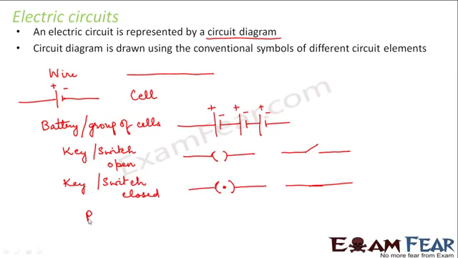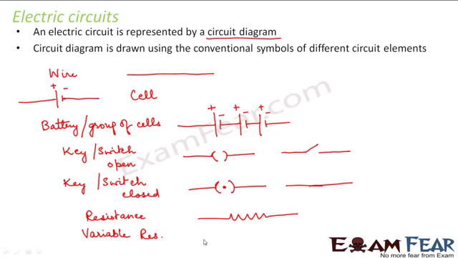How do I represent resistance? Resistance is represented like this if it has a fixed value. I mean, if I know that the resistance of this object is 2 ohms, the resistance of this object is 5 ohms, if it is of fixed value, then it is represented like this. But if you want to represent a variable resistance, what do I mean by that?